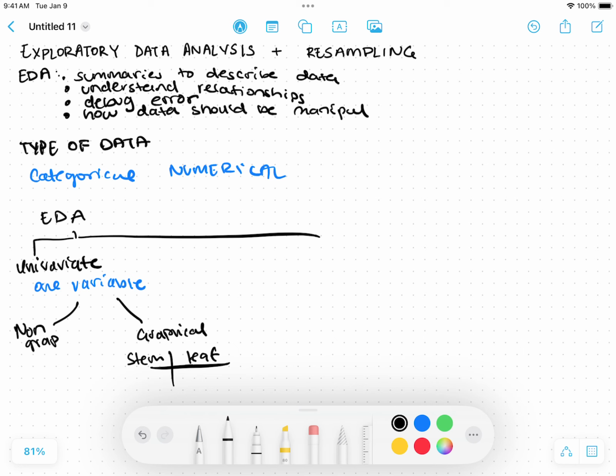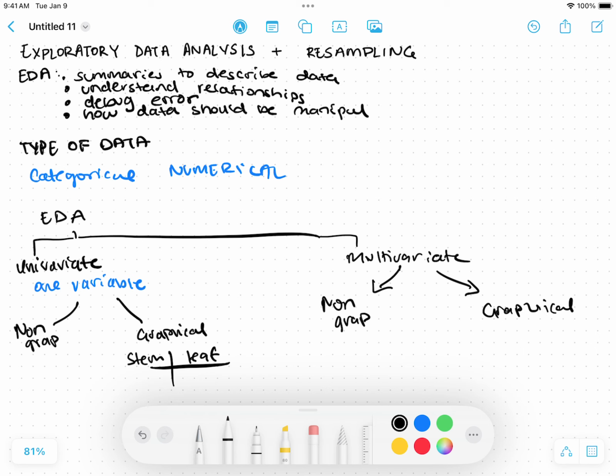So the other category we have is multivariate. And just like the name sounds, this is for more than one variable. And again, it can be broken down into non-graphical and graphical.